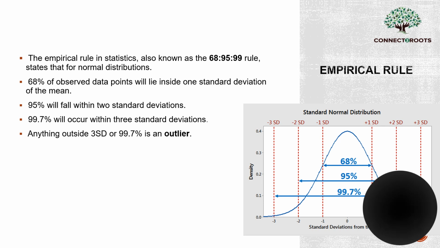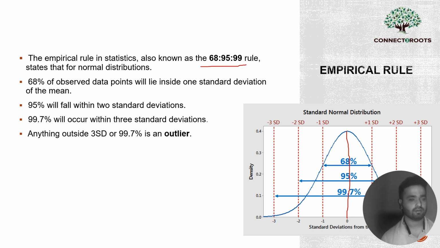Coming to the empirical rule. This is the normal distribution of your data, and this would be your median, this would be your mean. The empirical rule is also known as the 68, 95, 99 rule for the normal distribution.